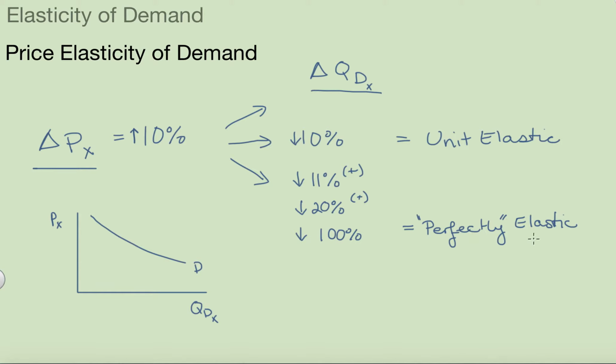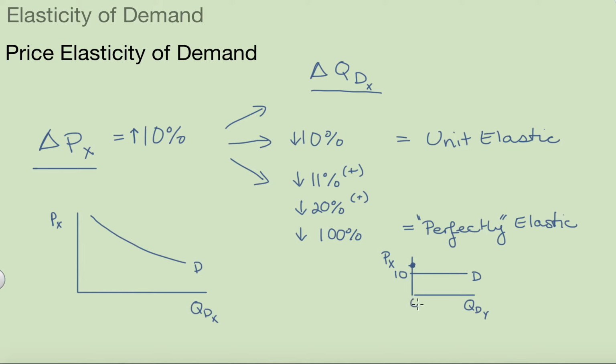Okay, so a perfectly elastic good is a good or service where the demand curve, if this is the price of good X and this is the quantity demanded of good X, this is what the demand curve looks like. Okay, if the price was $10 and they increased it to $11, there's absolutely zero demand for it.